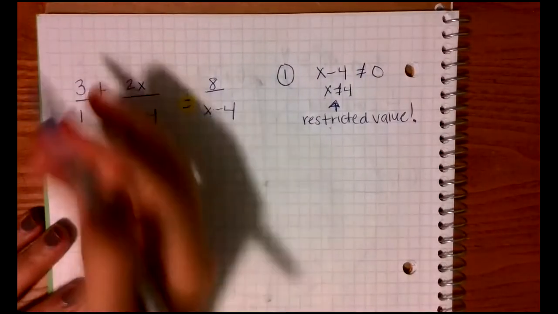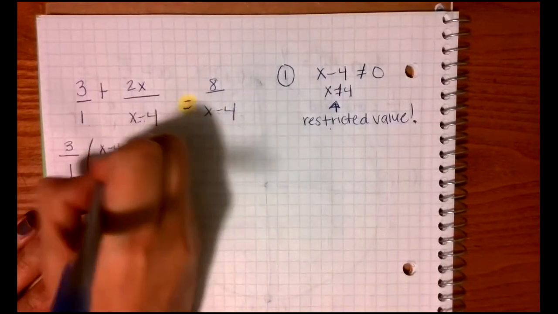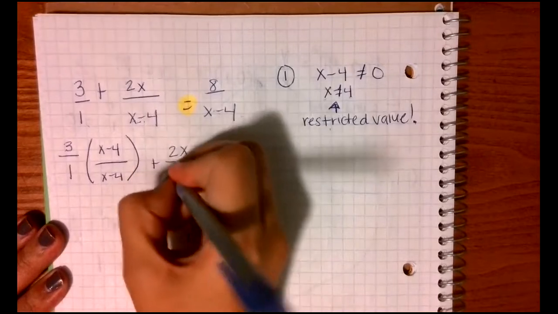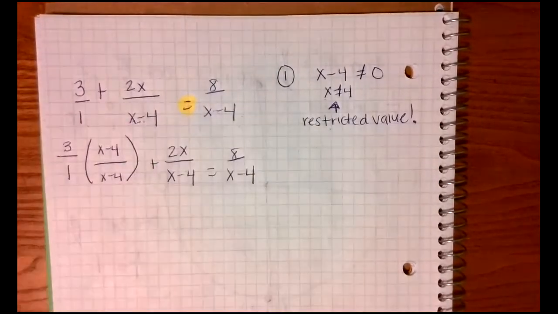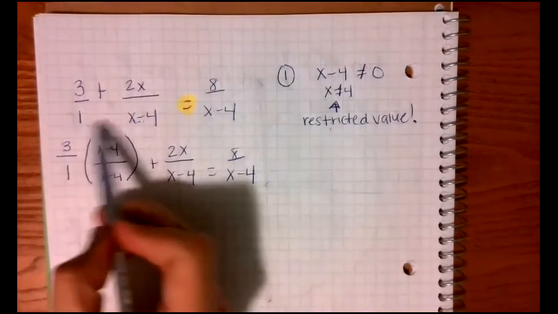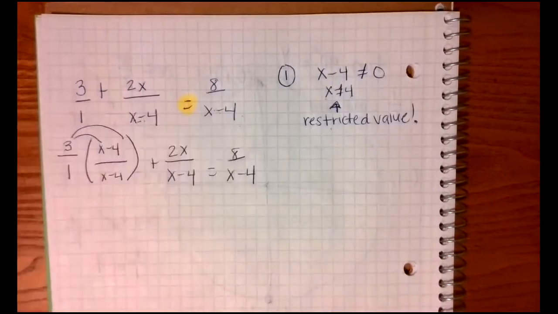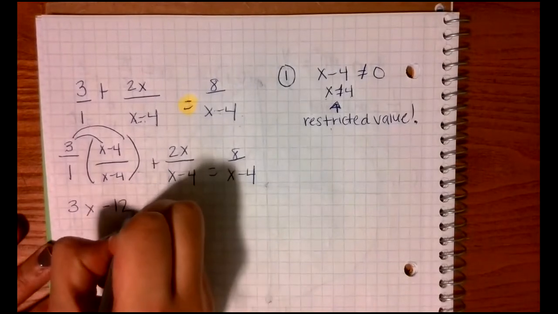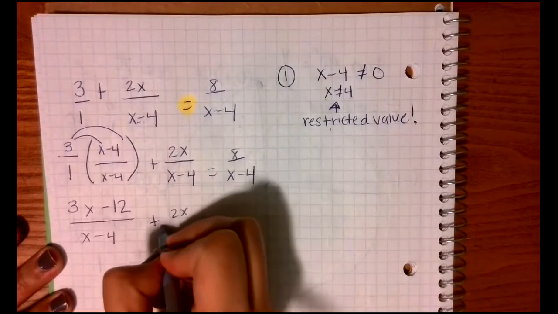So what you're going to be doing is multiplying the top and the bottom by x minus 4 so that we can have a common denominator. And then I'm going to bring everything else down. Now this fraction that you're multiplying by x minus 4, you do need to distribute the 3 on top. So 3x minus 12 over x minus 4, and then bring everything down.